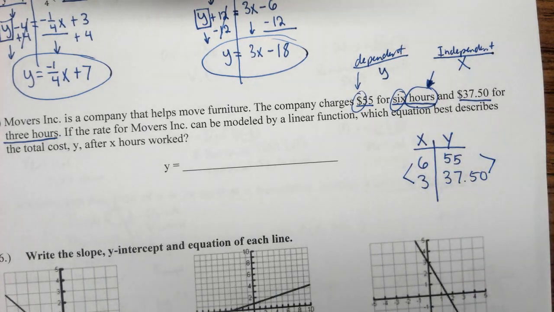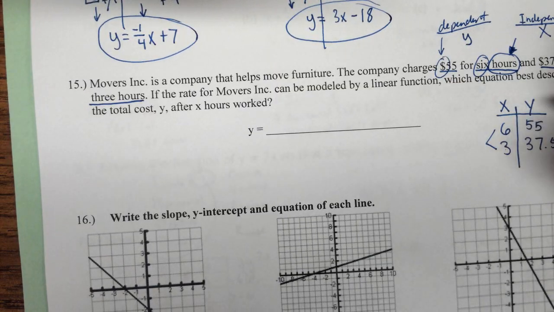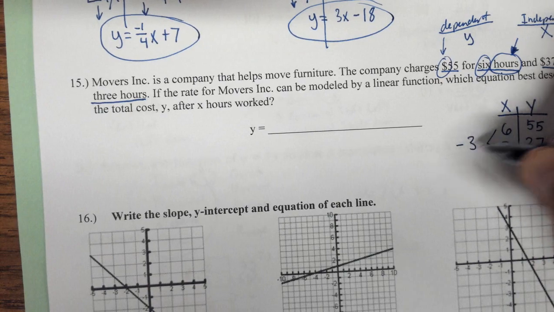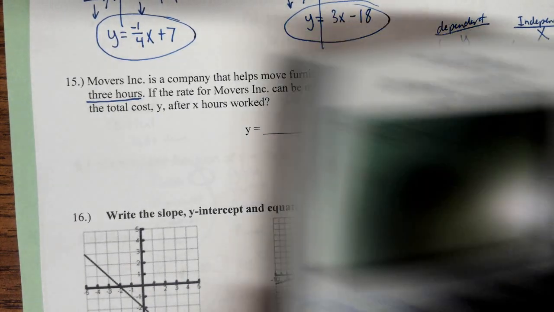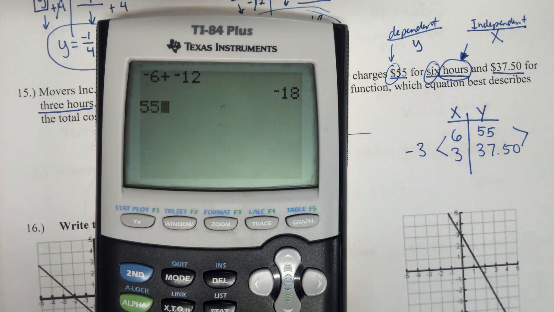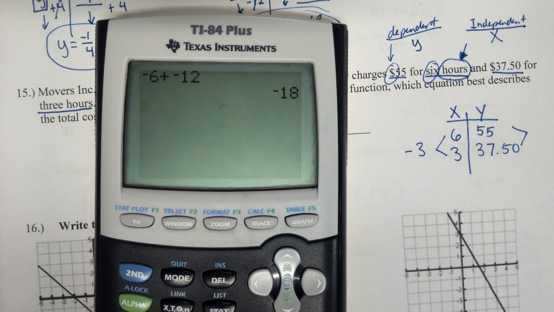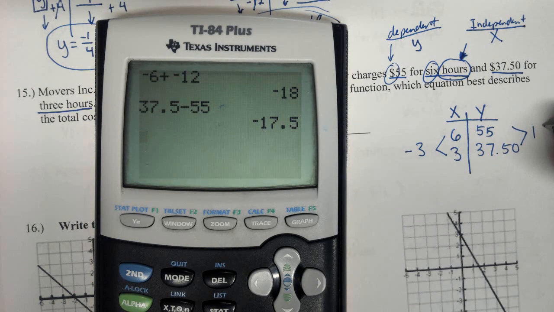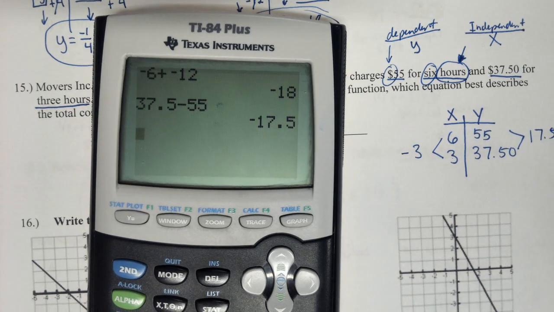Delta, delta. So we do delta y over delta x. So 6 to 3, well, that's going to be minus 3. And then 55 to 37.50, bottom minus top, 37.5 minus 55 is negative 17.5.